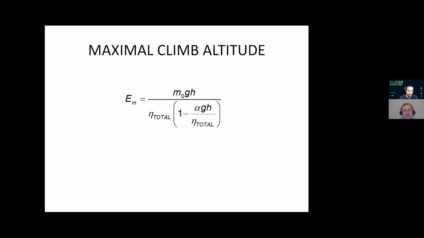maximum altitude. The parameter alpha is the power density of the accumulator, and the formula is just this. If we substitute the data for accumulators and for the efficiency of the power plant, we can obtain about 30 kilometers. Okay, it's rather optimistic, but I think with some restrictions and a more precise model, we can obtain about 10 or 15 kilometers.